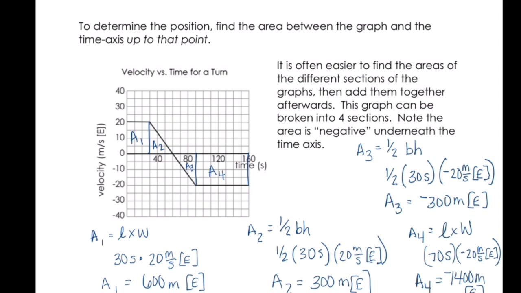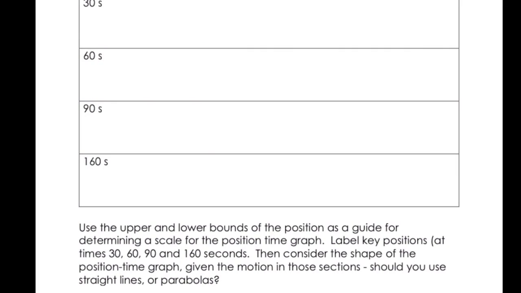So using the areas to determine the position of the object after these different times. After a time of 30 seconds, our position, our displacement, after t of 30 seconds equals basically just A1, right?